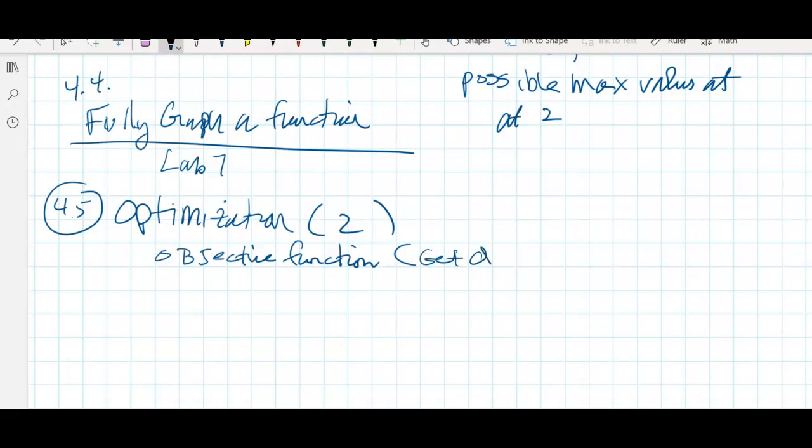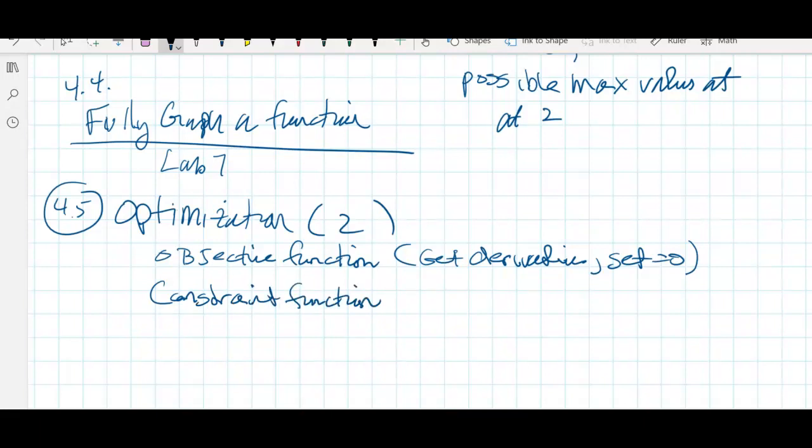Get the derivative and set equal to 0. But you also have a constraint function, and you use the constraint function so that you only have one type of variable in your objective. So the constraint function is just used to replace a variable in your objective.